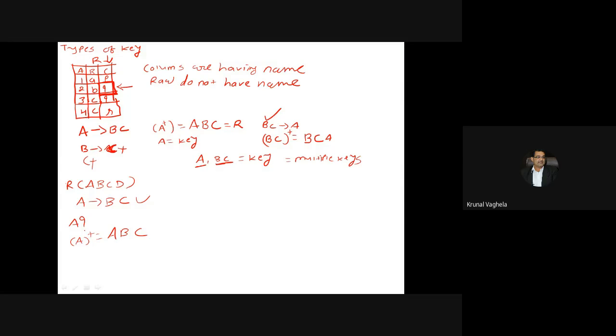Now you can see I can find A, B, C, but I cannot find D. So A is not my key, because if I have a key, I can find every attribute of the table. So the key is the attribute or group of attributes from which you can find all other attributes of your relation. This is the definition of key.